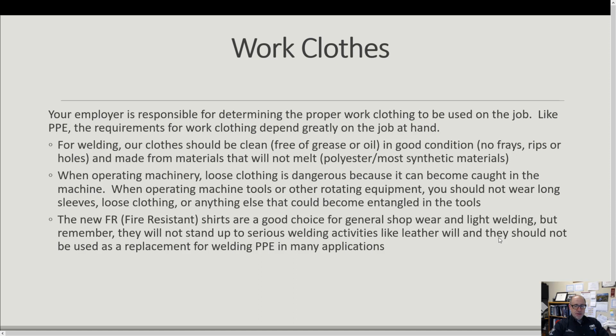MIG welding, TIG welding, they're amazing. Anything that produces a lot of spatter or slag, they're a bad choice, because with leather, that stuff will hit it and roll off of it. The FR shirts, a lot of times it'll catch it and just sit there, and they won't light on fire, but it'll create a hot spot on your arm, hot enough to melt you or burn you through the shirt.